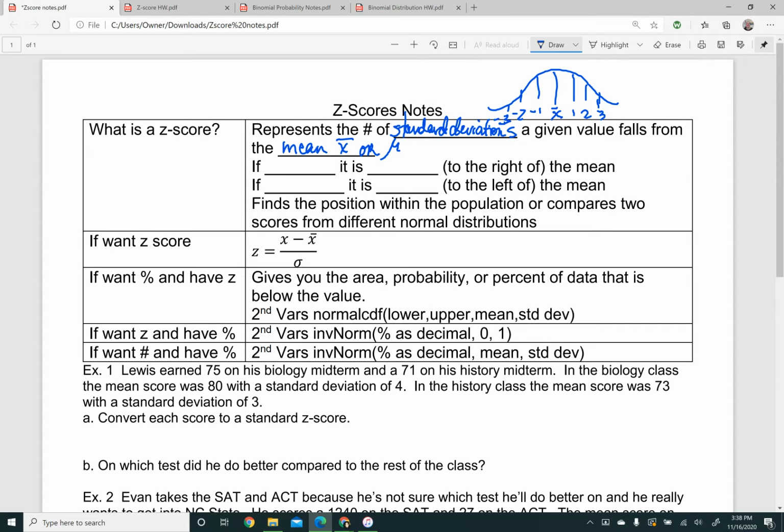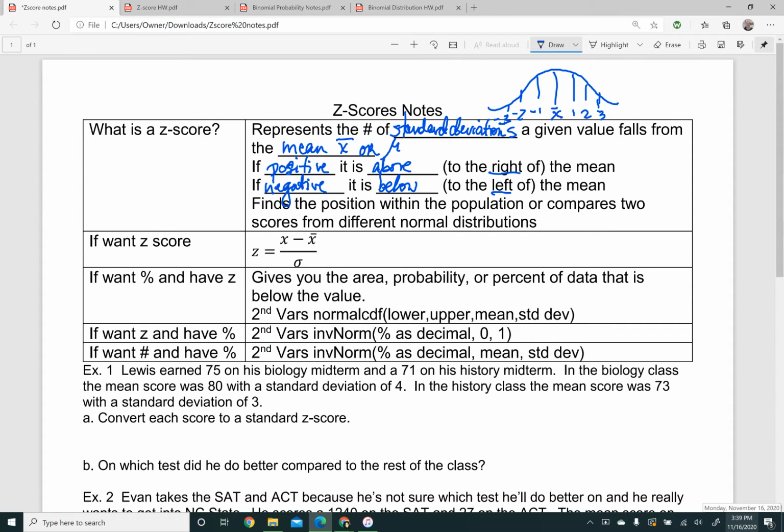If the z-score is positive, it is above or to the right of the mean. If the z-score is negative, it is below or to the left of the mean.